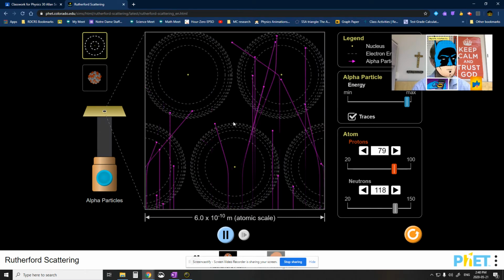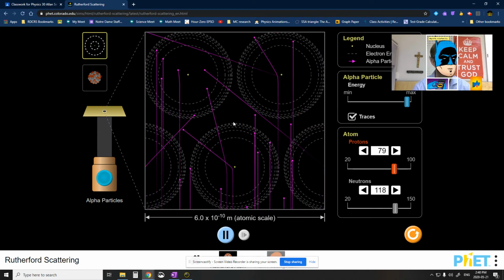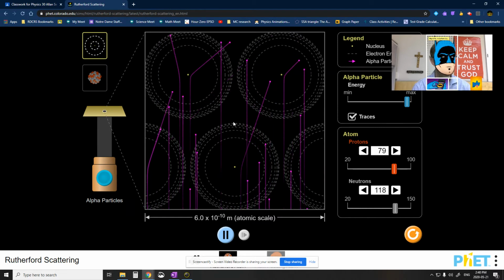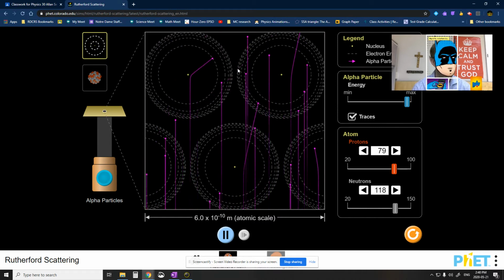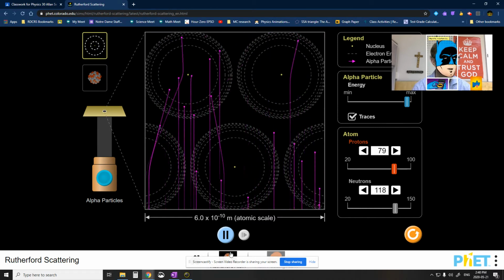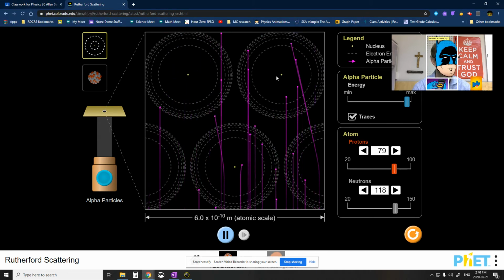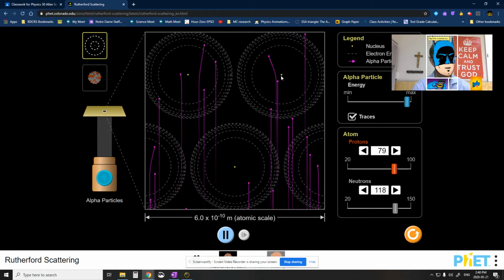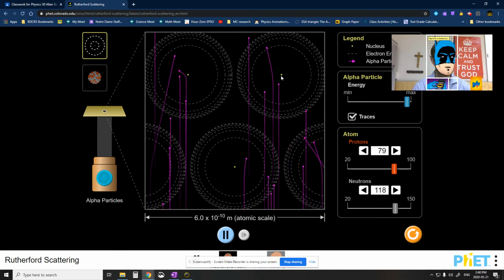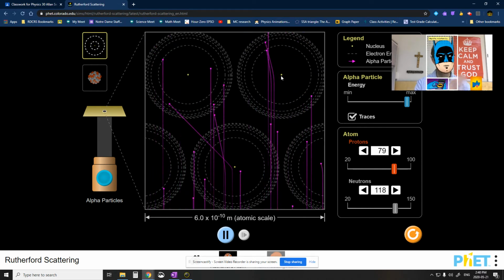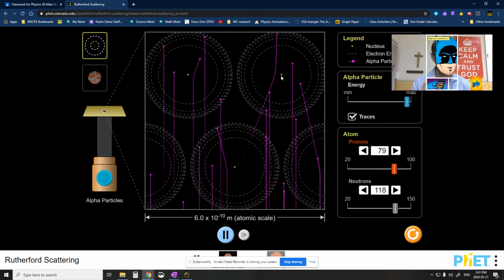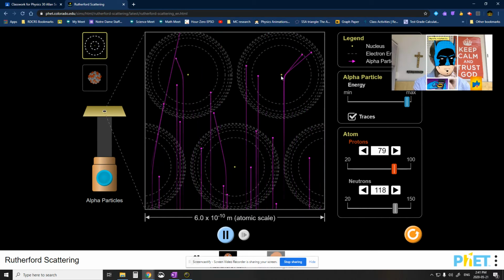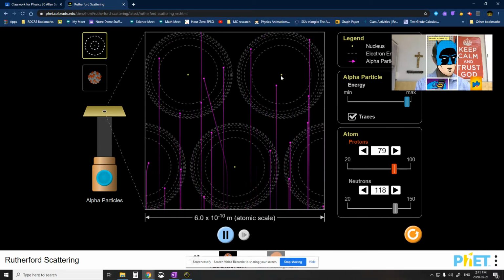So he modified J.J. Thomson's model to what we call the nuclear or the orbital model of the atom, where most of the mass and half the charge, because it's positive and negative, but the majority of the mass was inside this tiny little piece in the middle, and all of the positive was there.